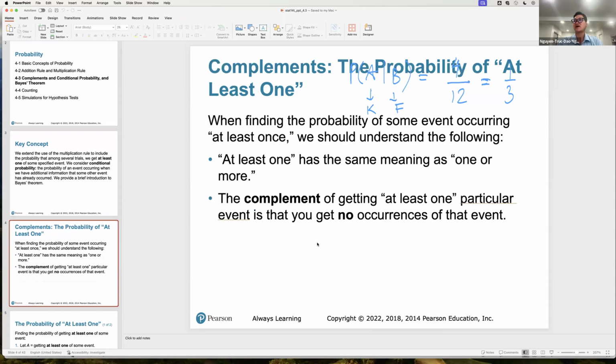When finding the probability of some event occurring at least once, we should understand the following. At least one has the same meaning as one or more. And the complement of getting at least one particular event is that you get no occurrences of that event.